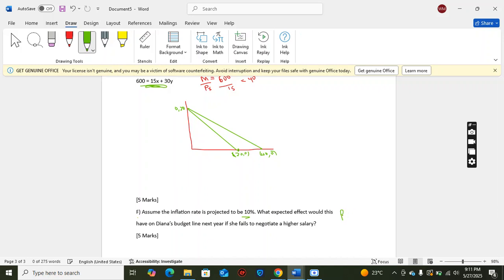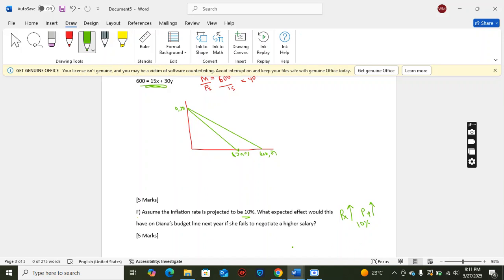So PX increases by 10%, PY increases by 10%. Now, colleagues, what happens to the purchasing power of money when there's inflation? It reduces.